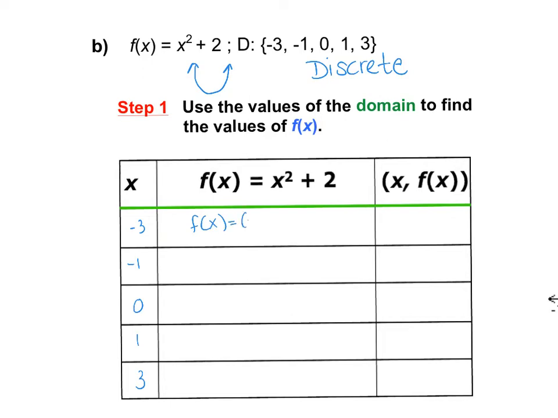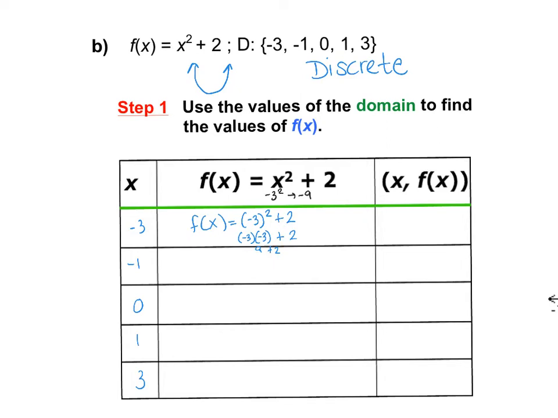We have to be careful of PEMDAS with exponents. Whenever we replace a variable, it's in parentheses. So it's negative 3 in parentheses squared plus 2. Well, let's think about that. Negative 3 in parentheses to the second power means negative 3 times itself, negative 3, plus 2. And what's negative 3 times negative 3? It'd be positive 9 plus 2. If you put this in your calculator and you don't use parentheses, if you write negative 3 squared in your calculator, you're going to get negative 9.